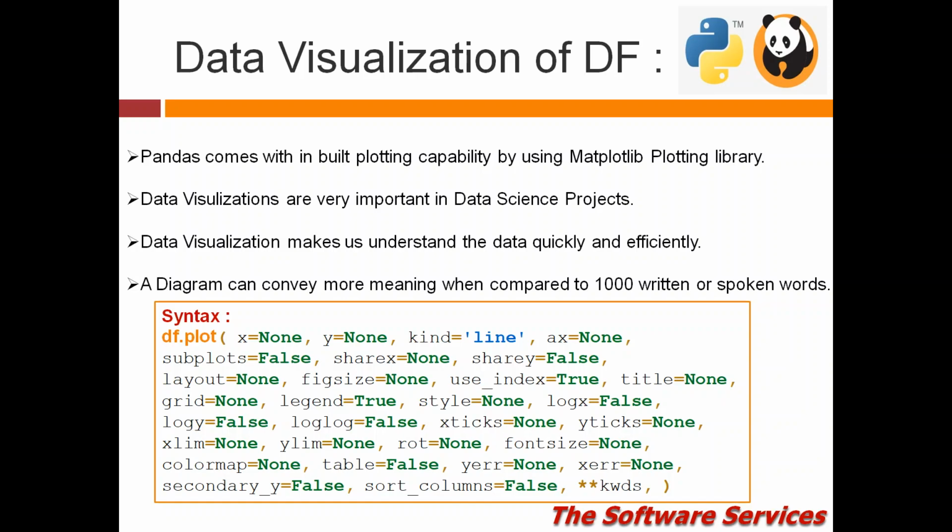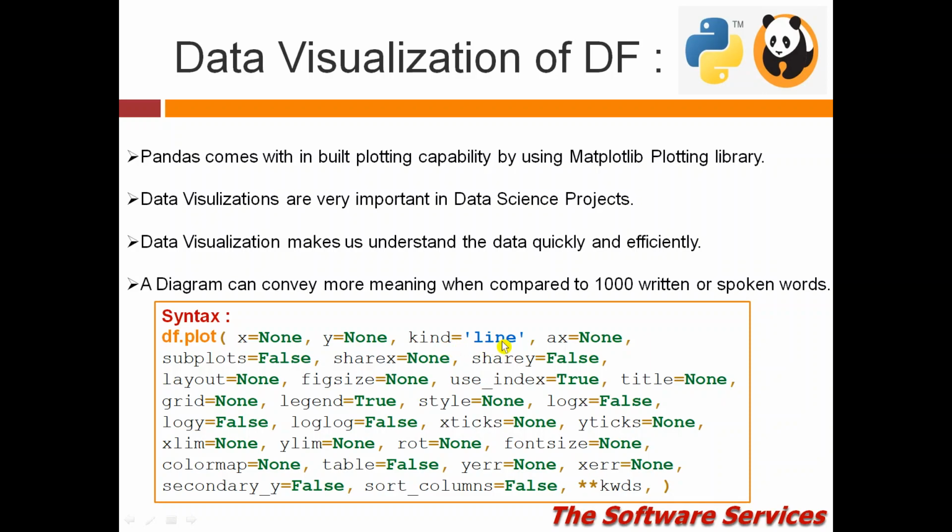I am taking those things for granted, understanding that you already know those topics, and directly telling you: x is the horizontal axis and y is the vertical axis. What data should be on the x-axis and what data should be on the y-axis, and what type of plot should be given, will be passed here. kind equal to line gives a line plot.